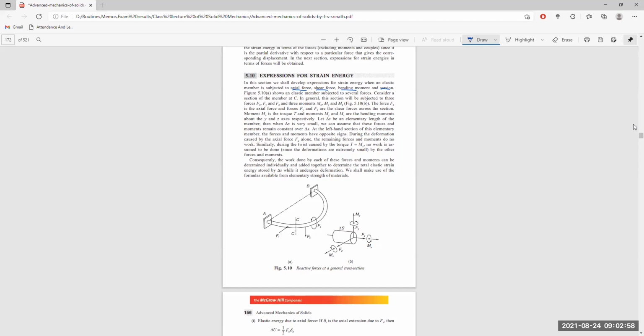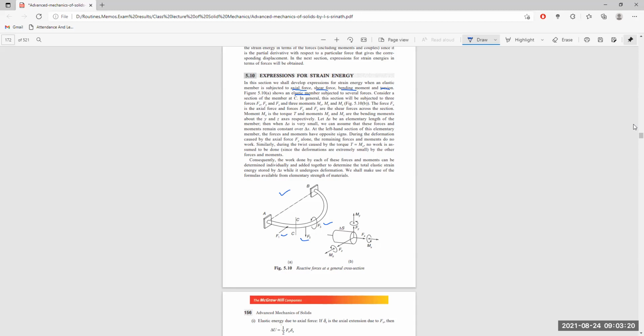Now, here we have an elastic member, which is given in this direction. It is subjected to several forces like, say, F3 is a torque, F1 is a pointed force, and F2 is another pointed force acting downwards.